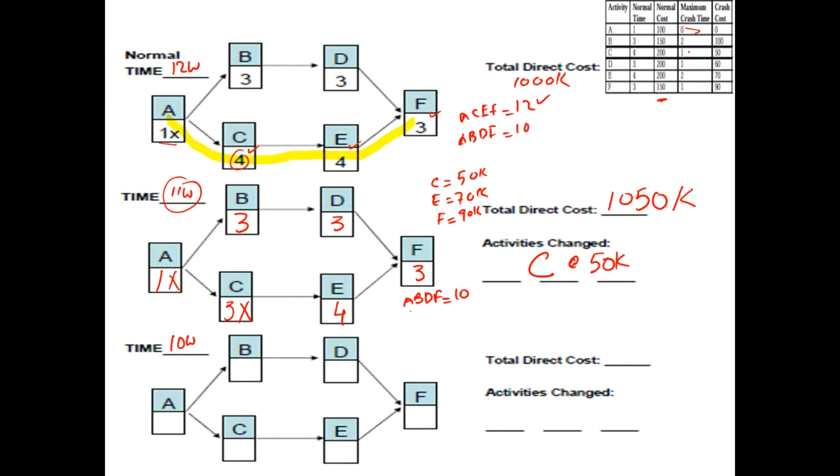And if you look at the part at the bottom, ACEF has a duration of 11, which indicates that the bottom path again remains to be the critical path. The top path is not critical still. So in the bottom path, A and C have already been crashed. So the only options on the plate are you crash E or F. Which one would you suggest we go for?